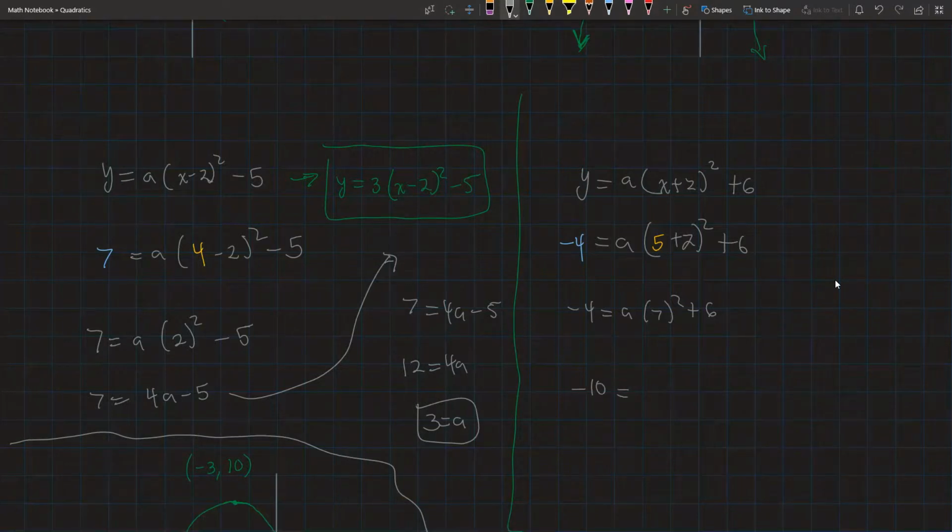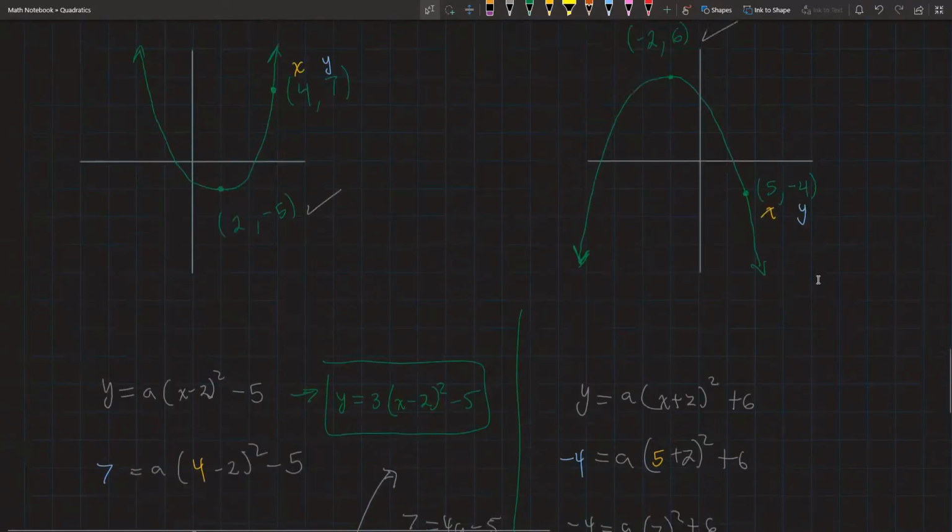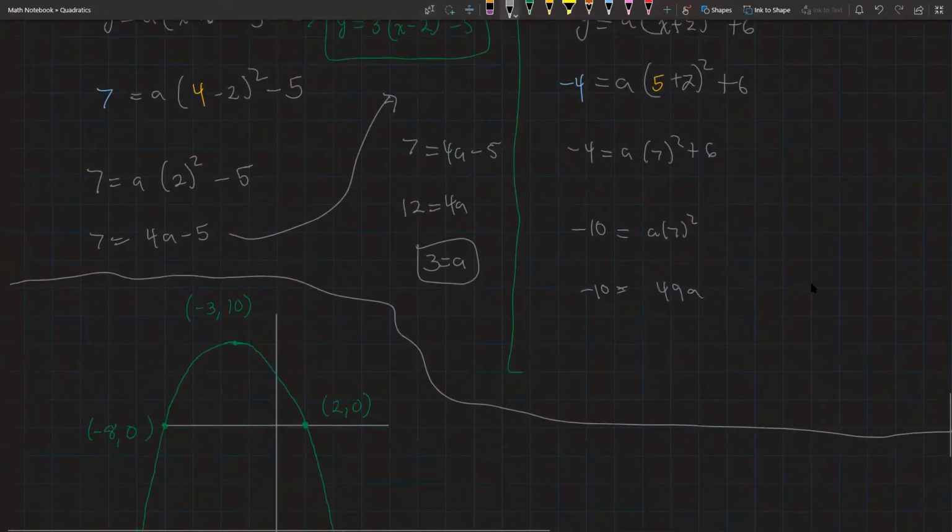And then we know that, well, let's write it as a times 7 squared, I guess. That part's still the same. So we know that negative 10, although I didn't write all this work, it's just for you, equals 49a. So therefore, a equals negative 10 over 49.